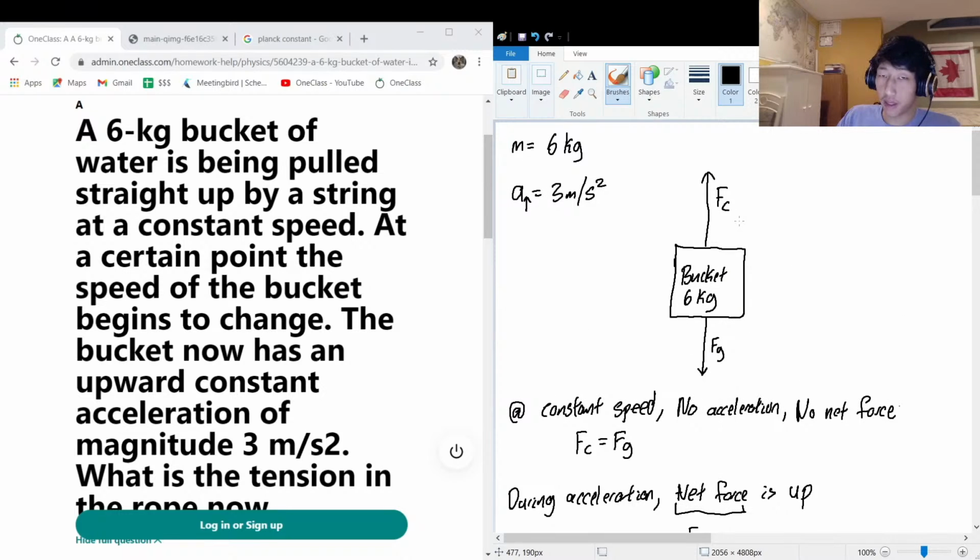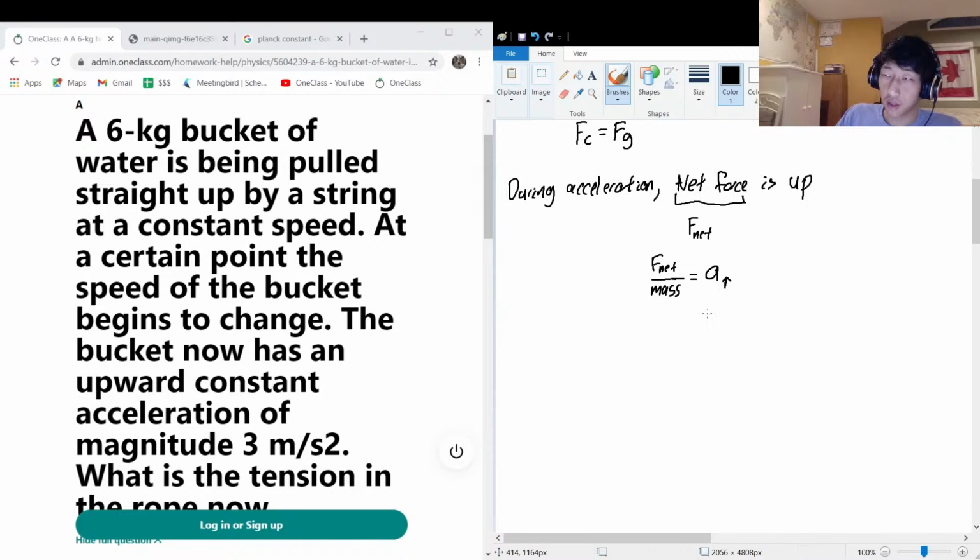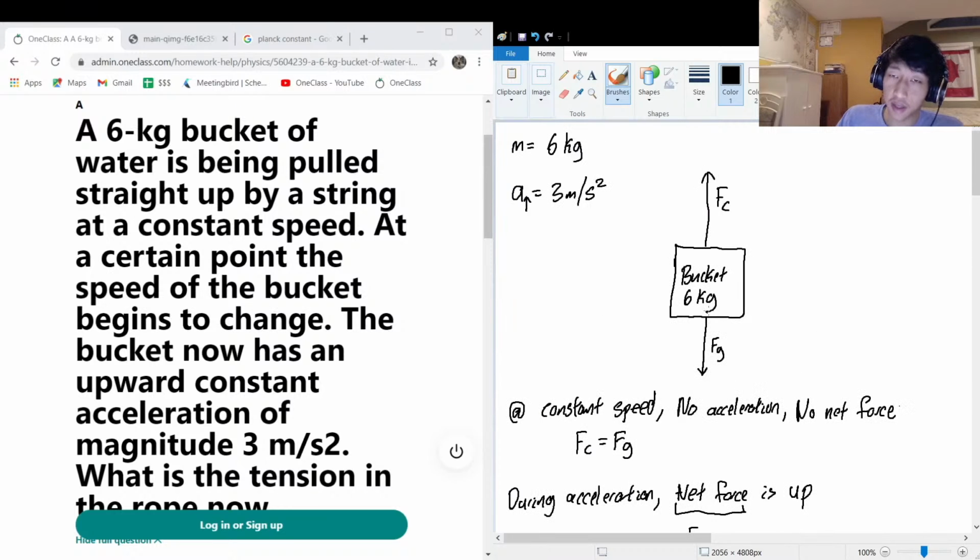So if we go back here, Fc not only has to balance out Fg, it's also going to have the additional acceleration upwards. So that's going to be the total amount of tension in the cord, because the cord not only has to hold up the weight, it also has to add the additional force of acceleration.